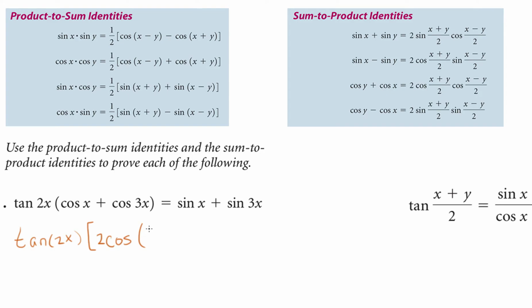So it's going to be cosine of (3x plus x) over 2 and cosine of (3x minus x) over 2.